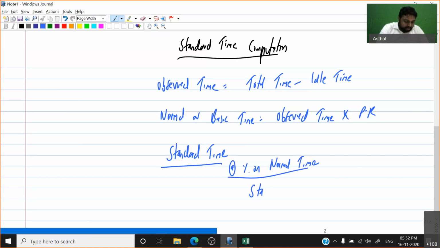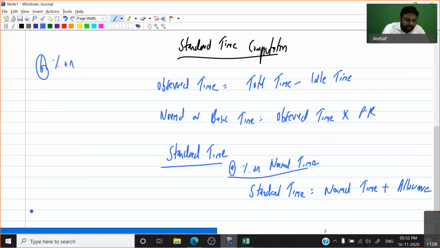In such a case, your standard time will be your normal time plus allowance. If the allowance is given as a percentage on standard time, you have to do a reverse calculation.